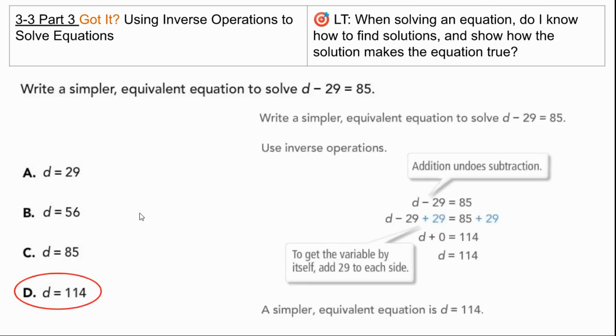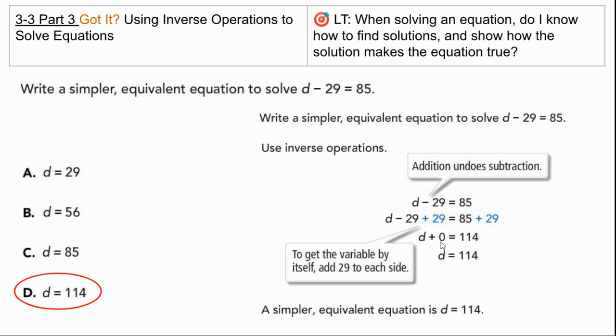Bam. To write a simpler equivalent equation to solve d minus 29 equals 85, use inverse operations, addition and subtraction. d minus 29 equals 85, so you're going to add 29 to both sides. To get the variable by itself, you add 29 to both sides. Minus 29 plus 29 becomes 0.